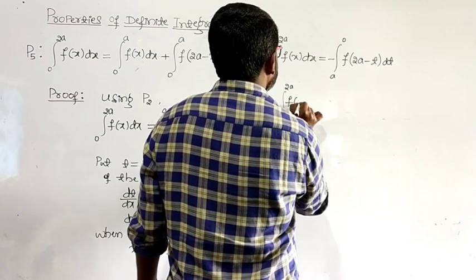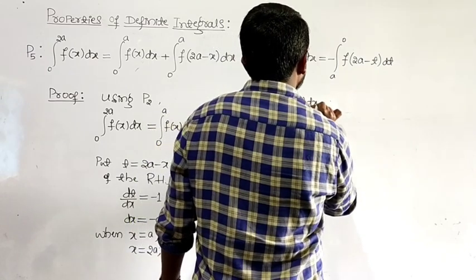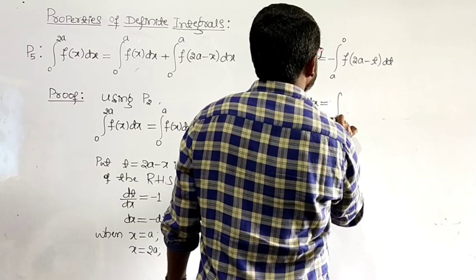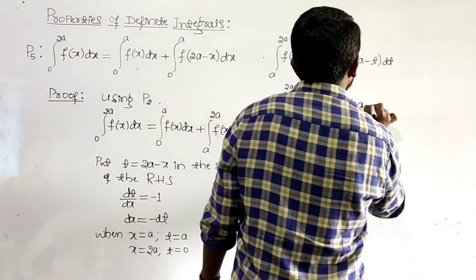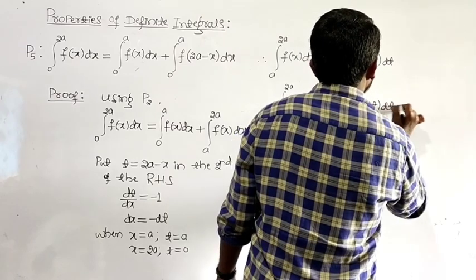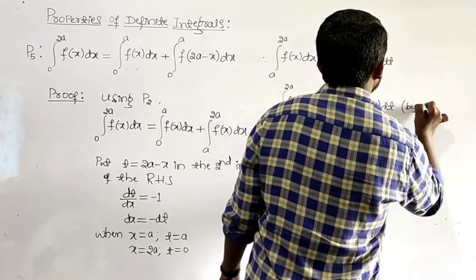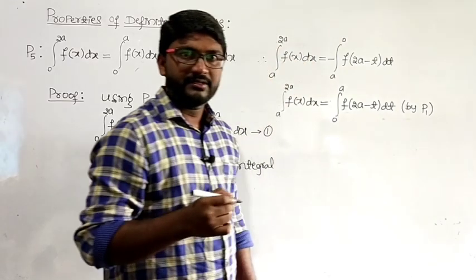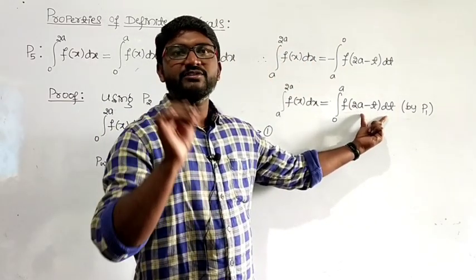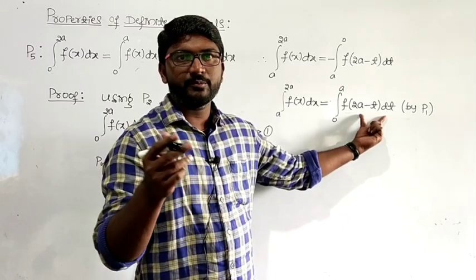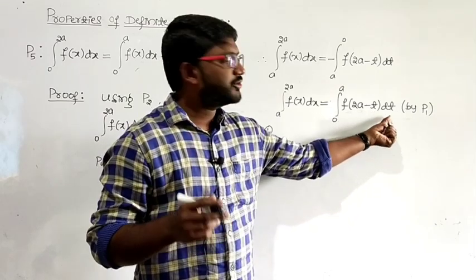So the integral from a to 2a of f of x dx equals the integral from 0 to a of f of 2a minus t dt, by P1. Now here the variable of integration is t. By making use of the P0 property, we can change this to x.